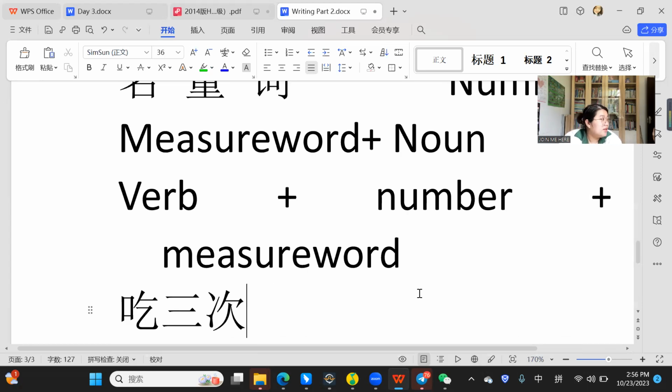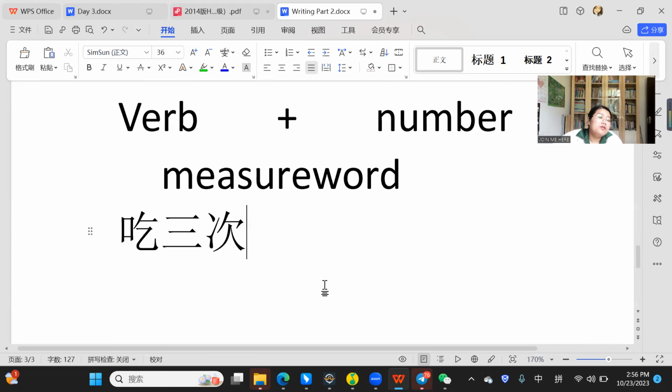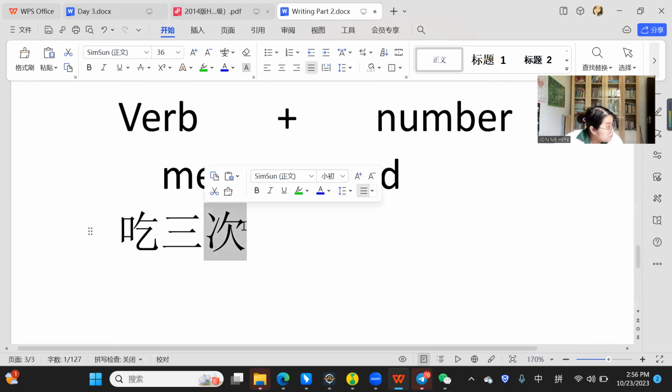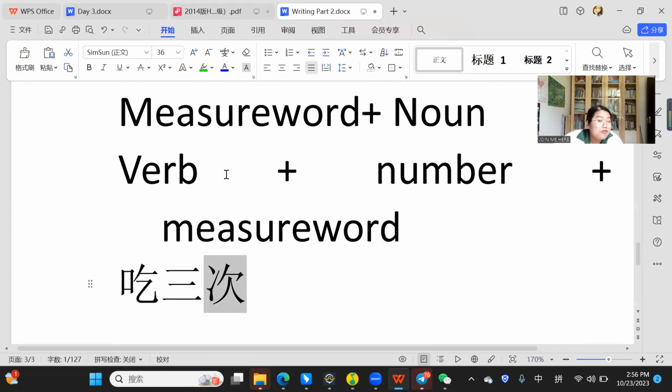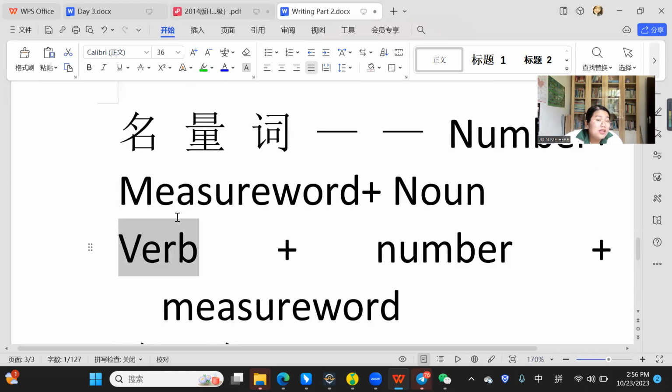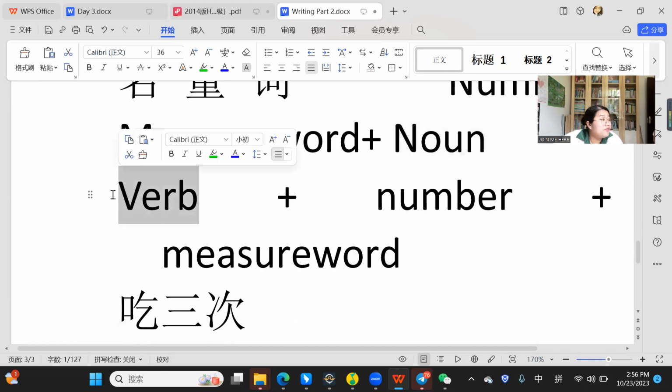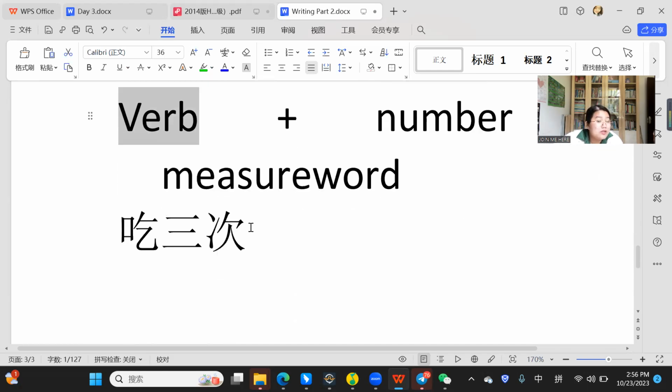Just okay, but written 3 times. So here, 次 is also a measure word, but it only works for a verb. Okay, there are 2 patterns of measure word right now. One is working for a noun, another is working for a verb. If you are using it for a verb, it's not important whether there's a noun after this measure word or not. It's important that there has to be a verb in front of this measure word because we refer to this verb.